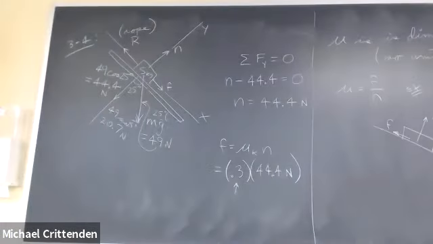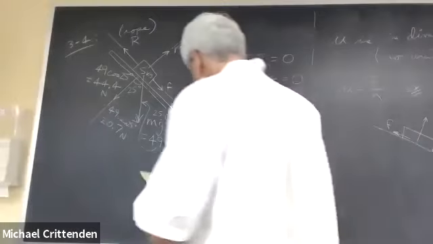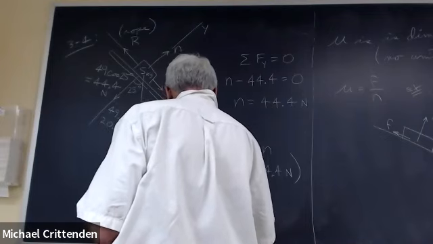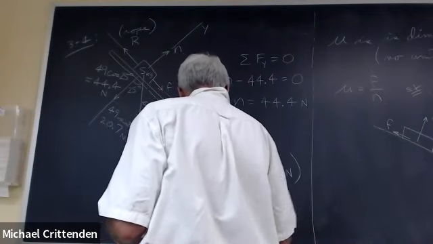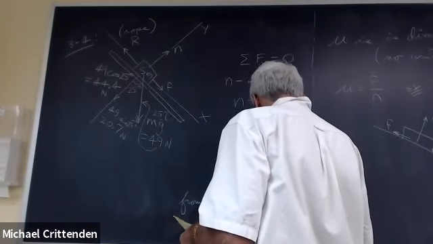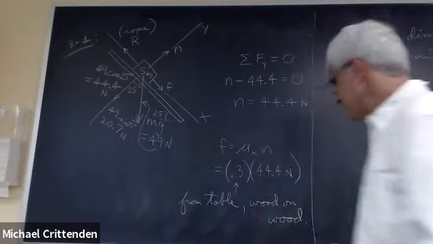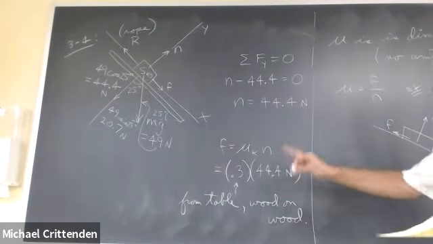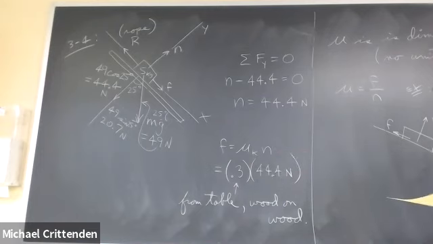This question says that the block is wood and it's being dragged up a wooden incline. So you look up wood on wood. From the table, for wood on wood, mu k is 0.3.